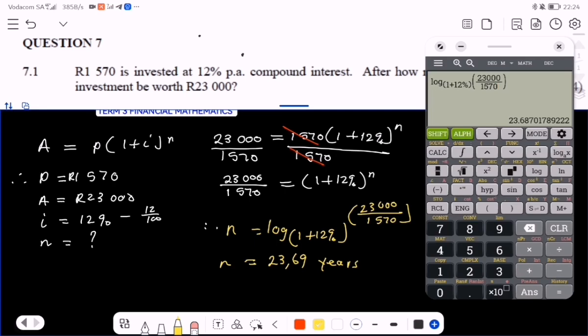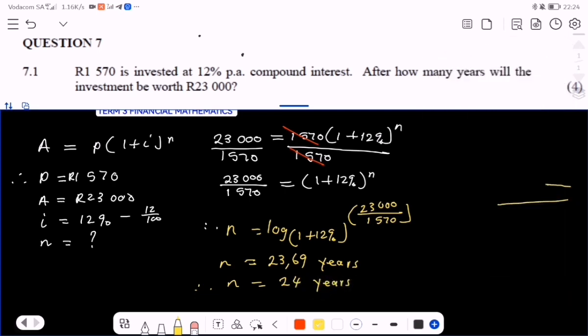All right. Then when I finalize it further, of course, it's going to be 24 years, because the question said, after how many years will the investment be worth 23,000? It is not further given that I must represent n in terms of years and months.